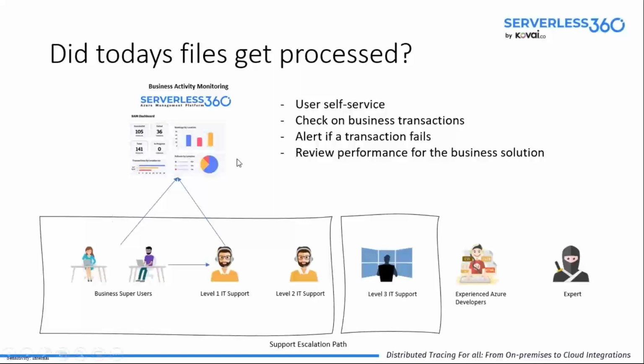To enable your business users with a self-service portal, the go-to option is Serverless360 BAM, wherein they can check on the business transactions. Every transaction that's going through the business application can be tracked, and you can give them an interface to search for a particular record, check if it has failed, investigate the reason behind the failure, and reprocess them either yourself or assign them to an individual for reprocessing. It is also possible to monitor these transactions.